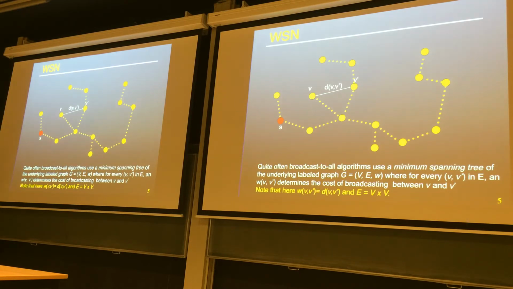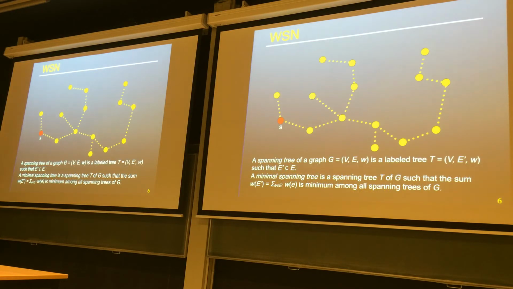A minimum spanning tree, here you have an example, where S of course takes part in, is a tree that covers all the nodes. You know that in a graph we can have an arbitrary structure generated by the edges. The structure here generated by the edges of the graph is a tree.